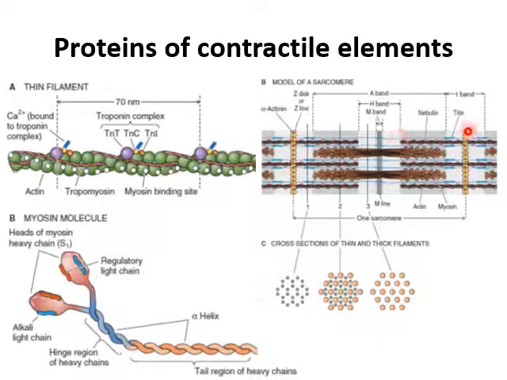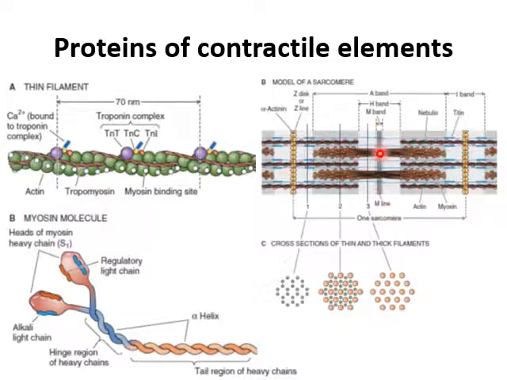Titin is a protein which acts as a scaffolding, which tethers this M line to Z line. You can see here this titin is extending from Z line to the M line. So it acts as a scaffolding for a sarcomere. From each Z line, it is extending towards the center, towards the M line.